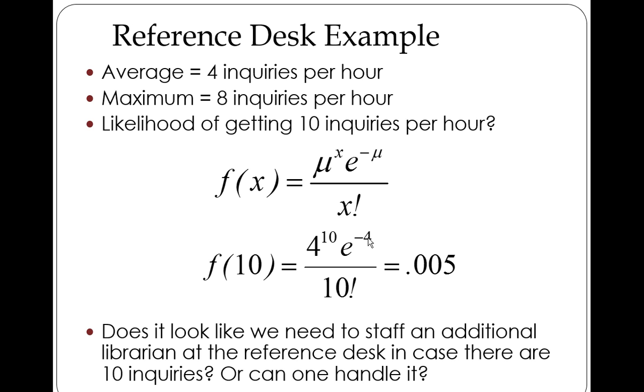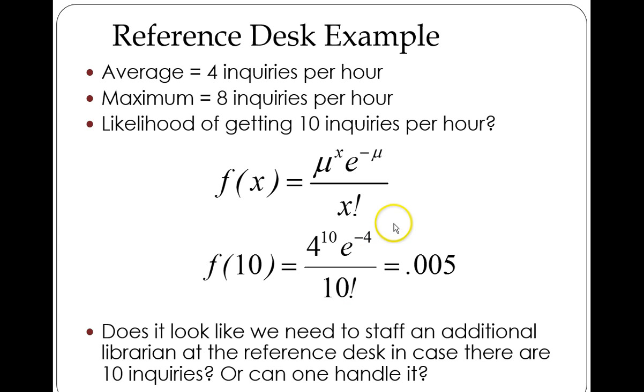And x is 10 because we want the likelihood of getting 10 inquiries, so everywhere we have an x, we put a 10. So now we've got 4 to the 10th power times e to the minus 4th power over, and here's an x down here, 10 factorial. Remember that's 10 times 9 times 8 times 7, etc.